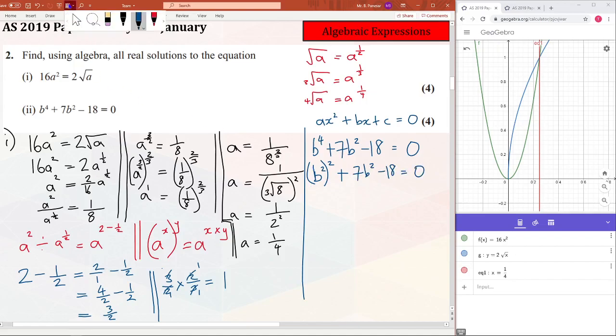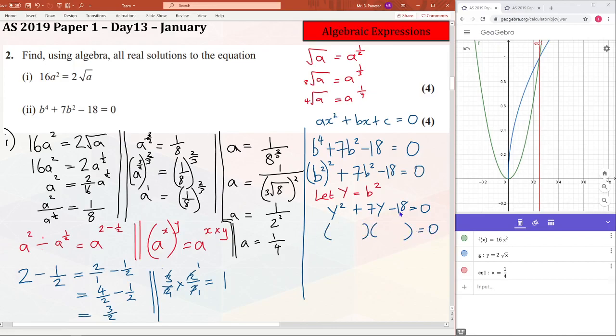What I like doing, and what I encourage students to do, is let y equal b squared. And now you can basically rewrite this question as y squared plus 7y minus 18, and this is much more familiar for most students. And from here you can use a calculator to factorize, or you should be able to factorize this one yourself. 7 and 18, so I've got 9 and 2.